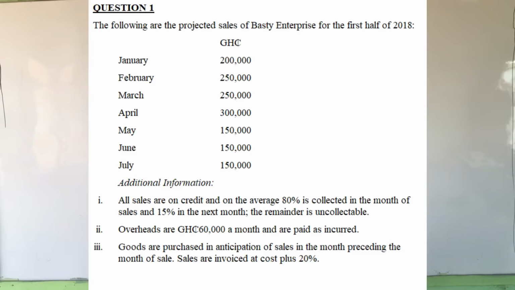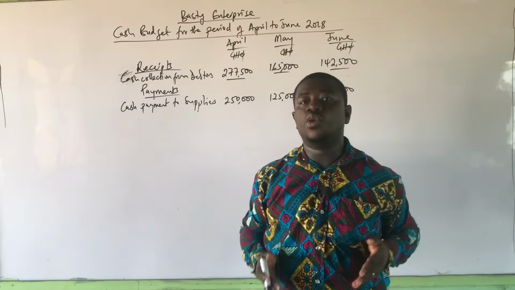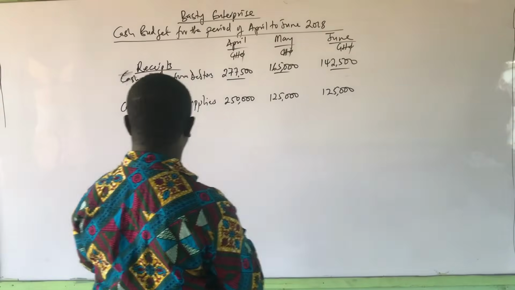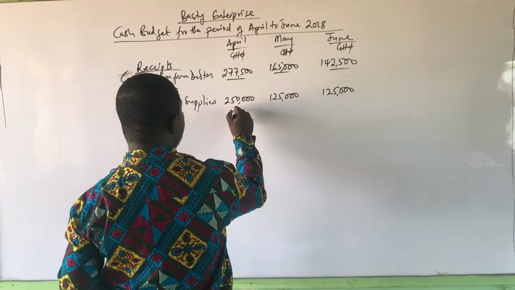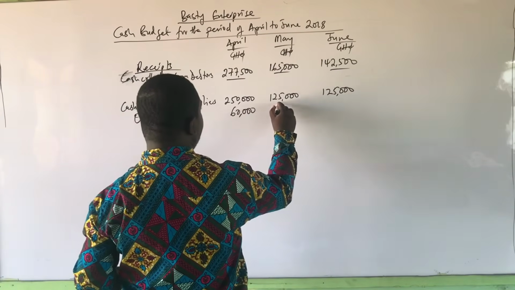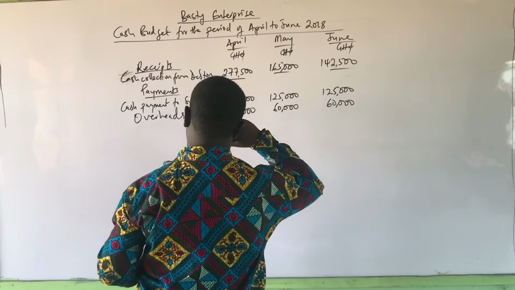So we are told, additional information too, that overheads are 60,000 Ghana cedis a month and are paid as incurred. So we pay them the same month. So we will say overheads, 60,000 Ghana cedis, and it's going to run through because it's per month.